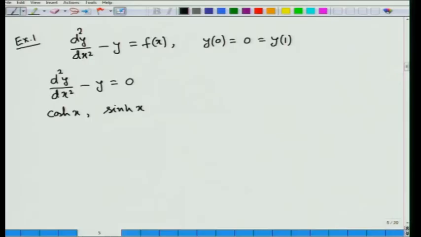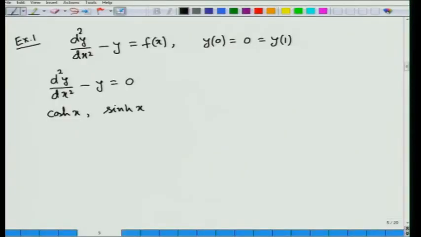Now, clearly for all real values of x, cosh x is always positive. So, that means this cosh x does not vanish either at x equal to 0 or at x equal to 1, but sinh x is equal to 0 for x equal to 0.